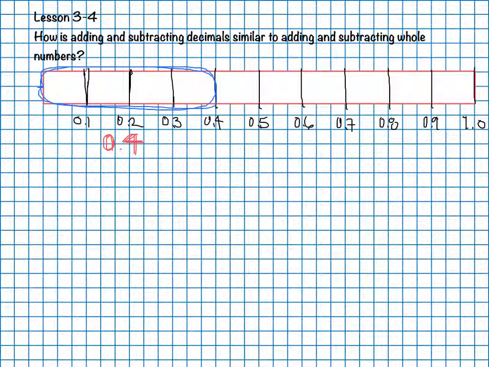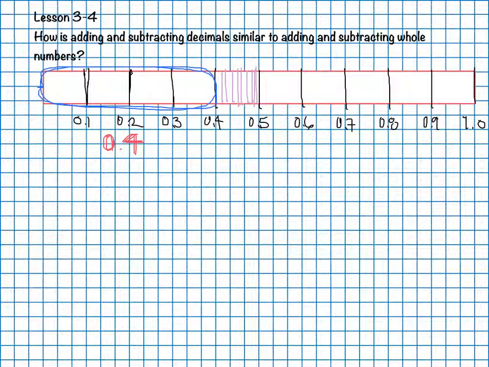We're going to break this section here into hundredths. And how many are there going to be? Well, there's going to be 10. Now, don't worry about spacing things exactly even, because it's fairly impossible to do. But I'm just going to go 2, 3, 4, 5, 6, 7, 8, 9, 10. Okay, so now there's 10 sections.